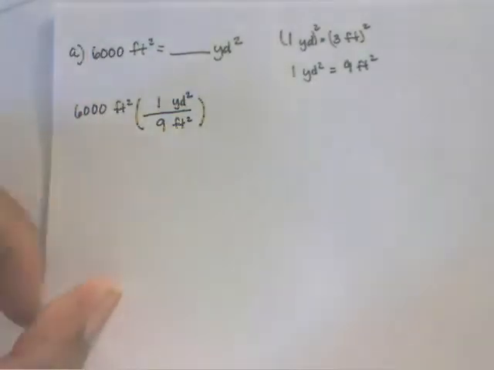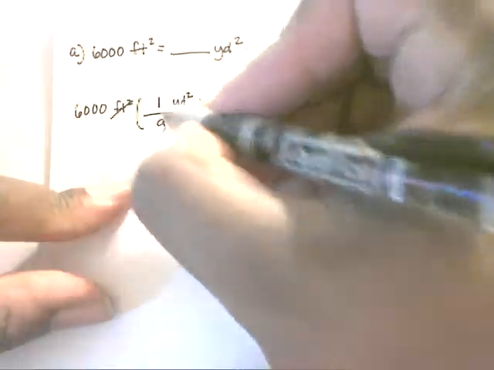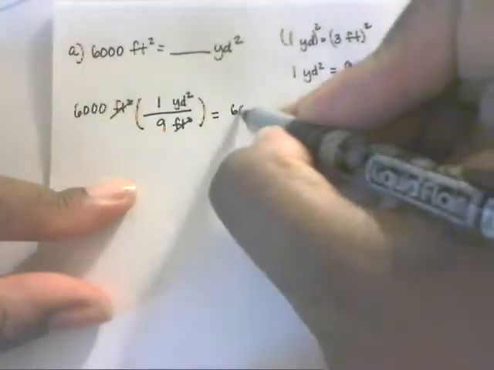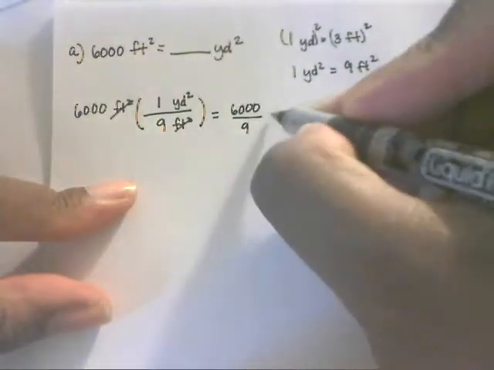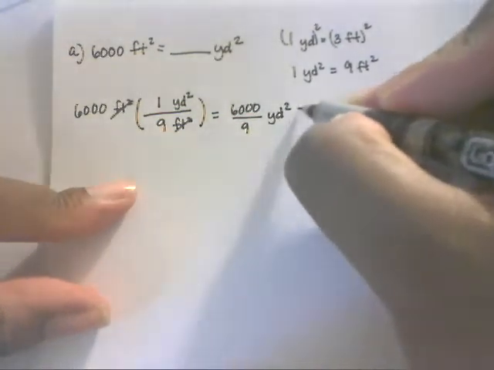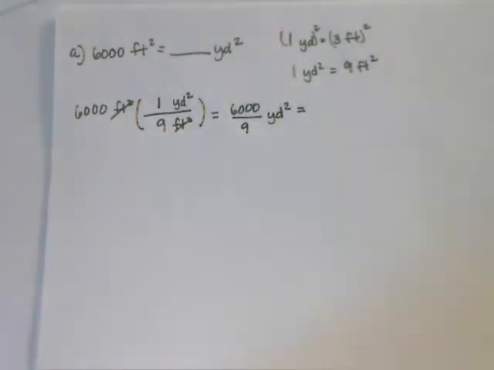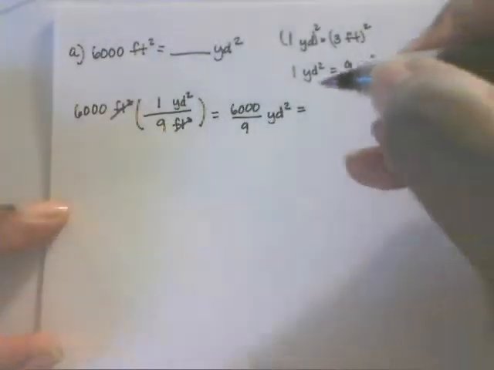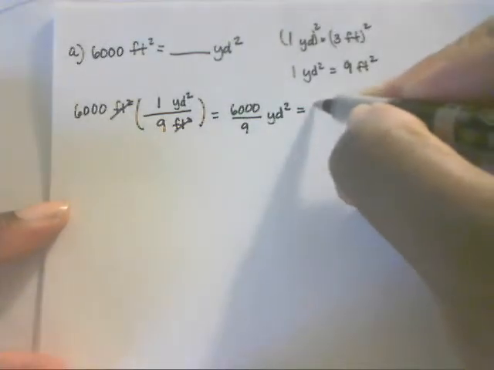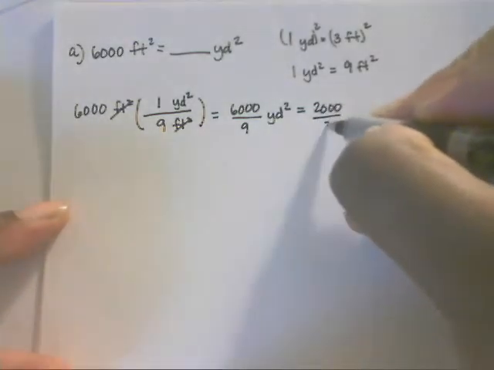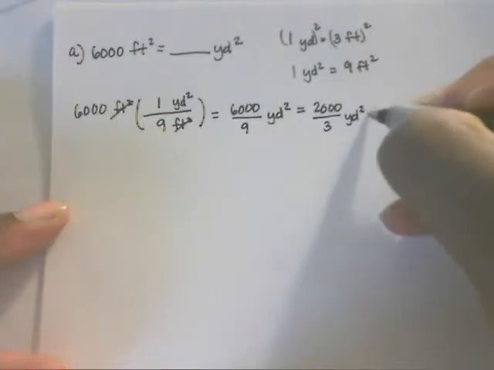Okay, so we place the appropriate numbers with the units. So here if I multiply this, the square feet divide out, I'm going to have 6,000 over 9 square yards. Now, you're told to type this in as a simplified fraction in the MyLabs Plus system. So if we were to type this in as a fraction in simplest form, I would divide the numerator and the denominator by 3, and that would give me 2,000 over 3 square yards.